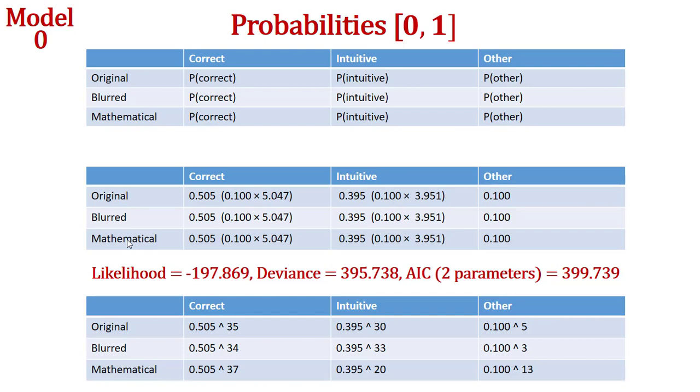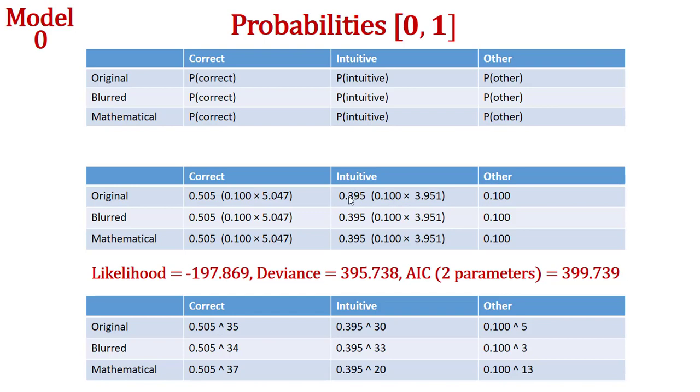Okay, so now I'm going to go the other way around. I'm going to start from the probabilities to the log odds. So basically we start with the average probabilities over all the problems, and these are the values 0.1, 0.395 and 0.505, and we obtain the odds.